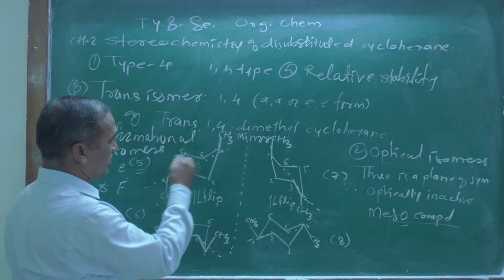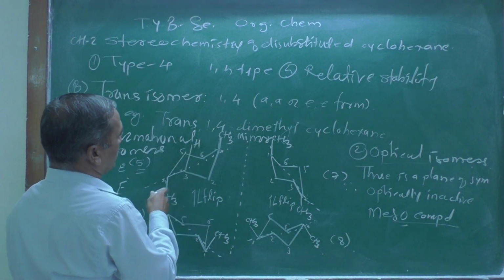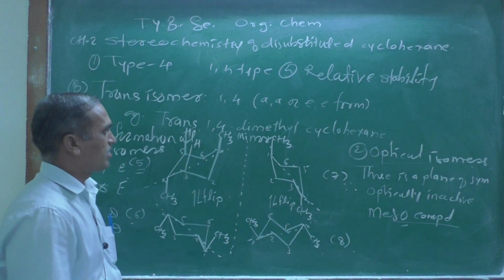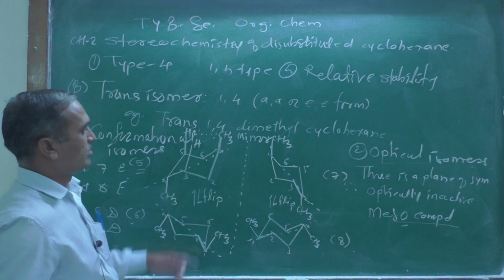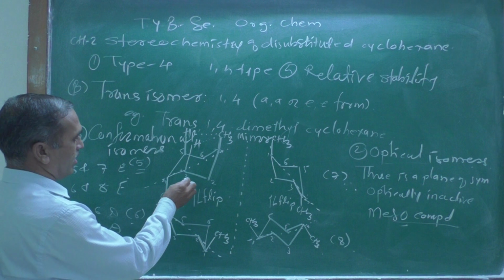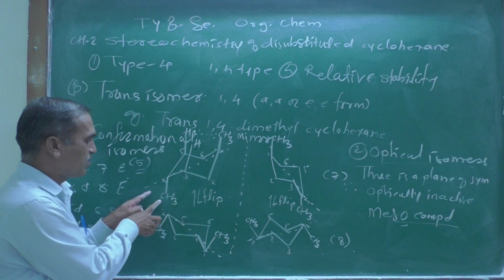Look here, the methyl group. Now find out the 1,3 diaxial interaction: 1, 2, 3. At the 3 position there is a hydrogen atom. 1, 2, 3. At the 3 position again there is a hydrogen atom. So the 1,3 diaxial interaction is present over there. And here look at this methyl group which is present at the axial position.